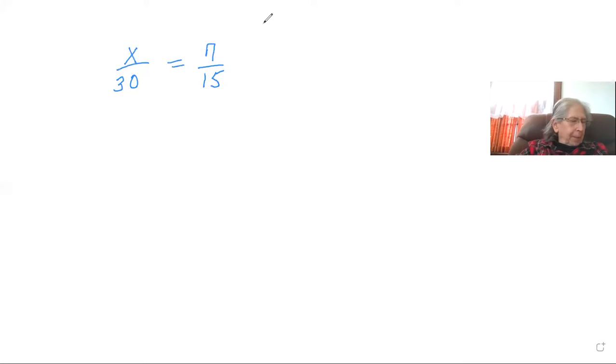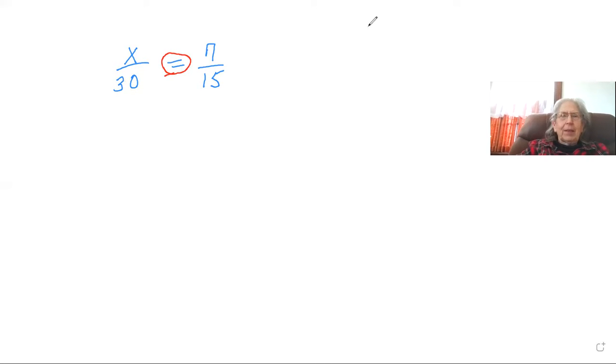Now, the following technique is really neat. Students always love it. But it only applies when there's an equal sign in the middle between two fractions. Just exactly this kind of equation.